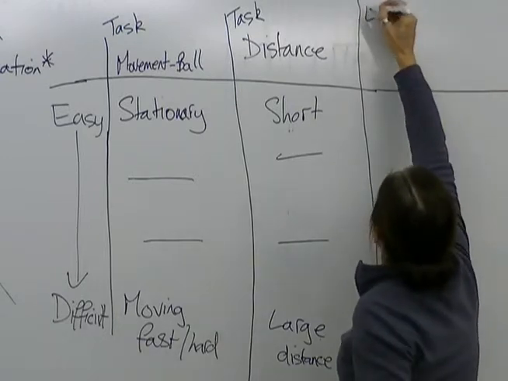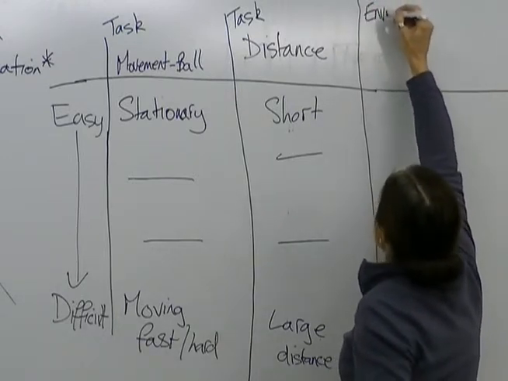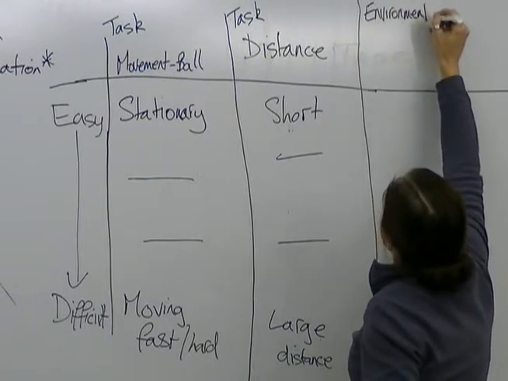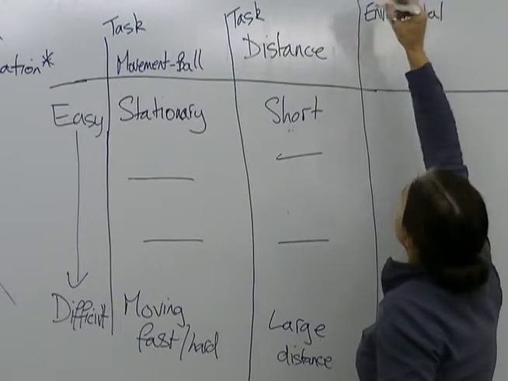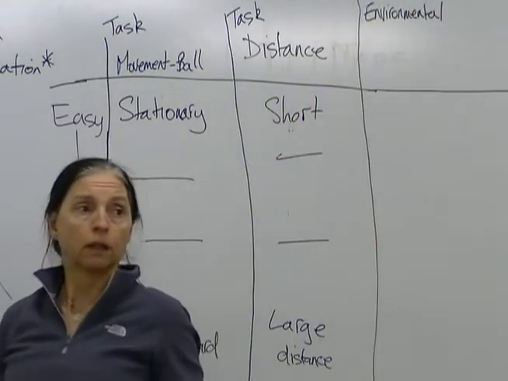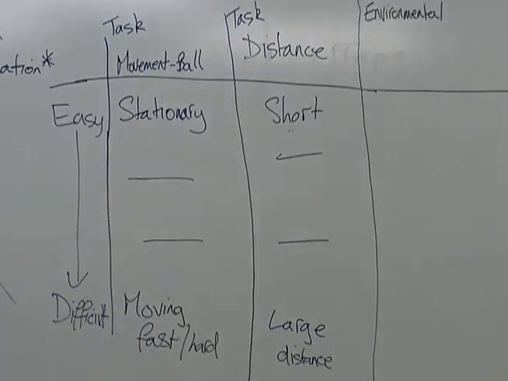What about an environmental constraint that I could work with for kicking? Could affect balance and strength.